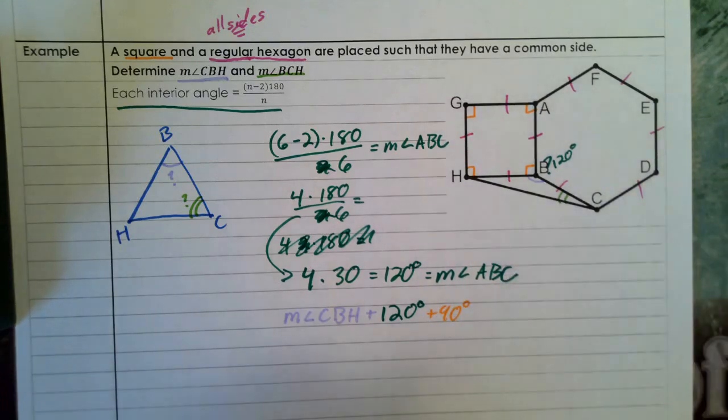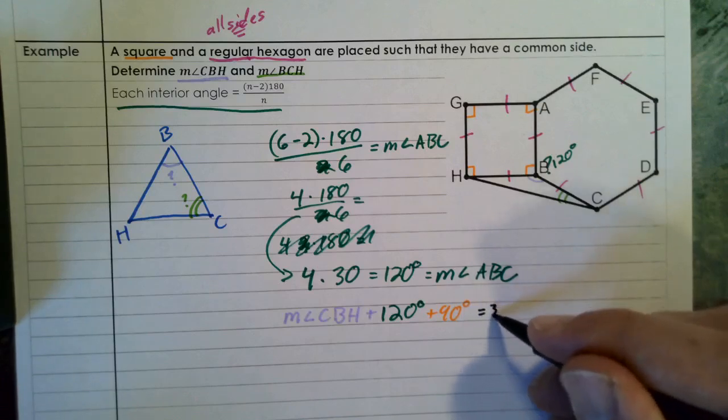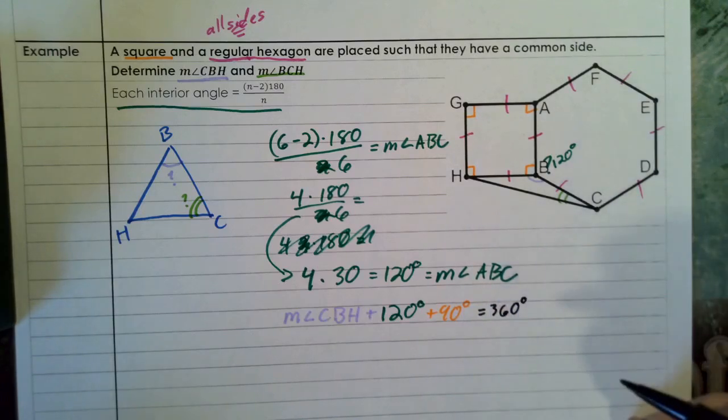And if I add all those up, I should get 360 degrees because this is all going in a circle. So this equals 360. So I can find the measure of CBH by just solving this equation.